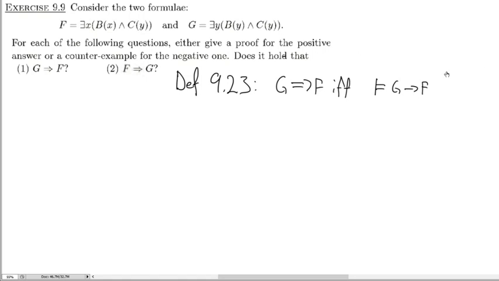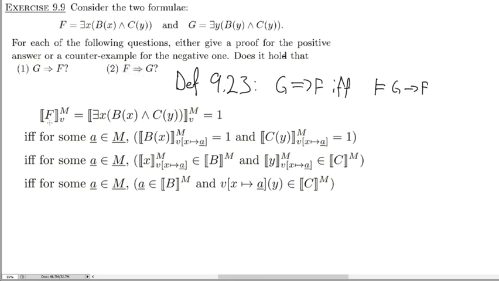I'm going to just bring it up and not have you wait for me to write it. So for f to be true under some structure M and valuation V, this needs to be true. We have an intersection here, so both the B part and the C part have to be true.